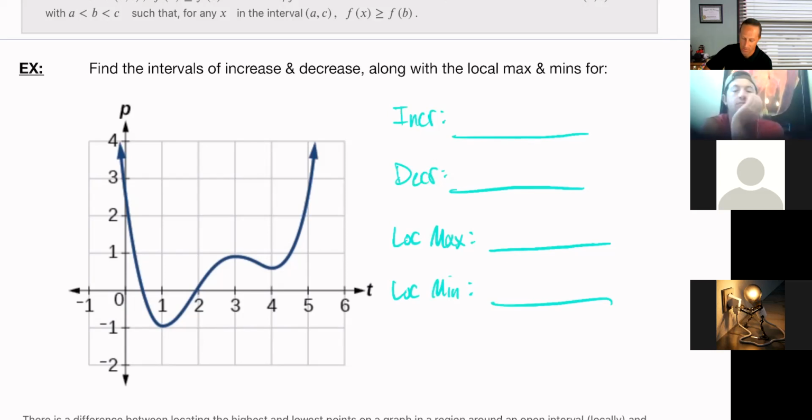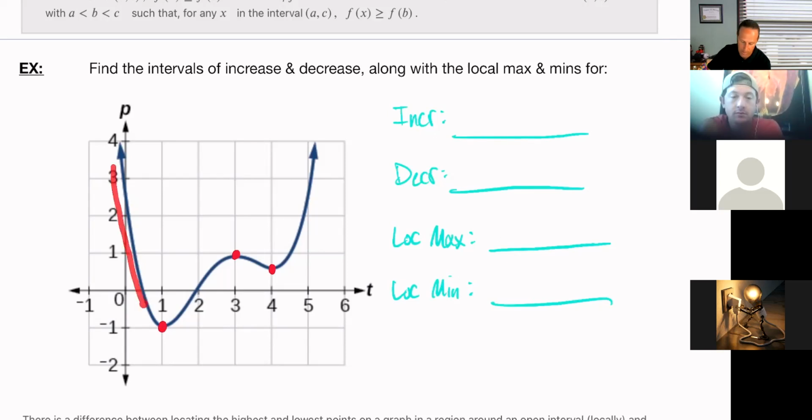In calculus, we will call these 3 points the critical points or values. And what makes them so critical? What changes around them? They either increase or decrease. That's what's changing.